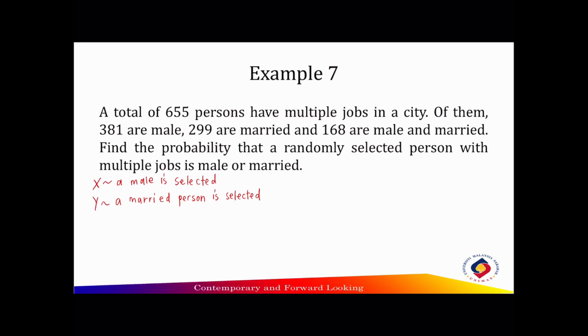So once we have this X and Y, we know that our n(S) is 655 and n(X) is 381 and n(Y) is 299, and n(X intercept Y), male and married, is 168.